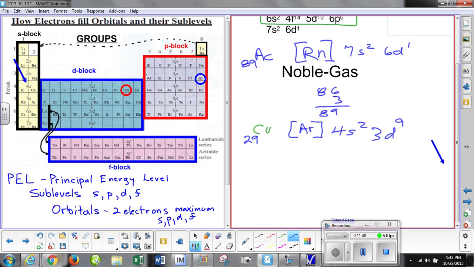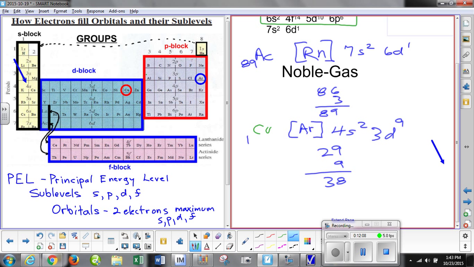So let's check it out. 29 and 9, 38. And is 38 our Mr. Guest? No, it's not. Oh, 28. Oh, argon is 18. Yeah, it sure is. Oops. Where did I get 29 from?